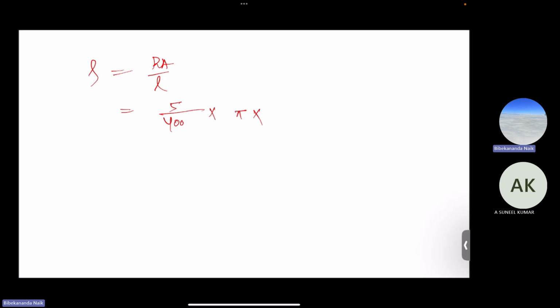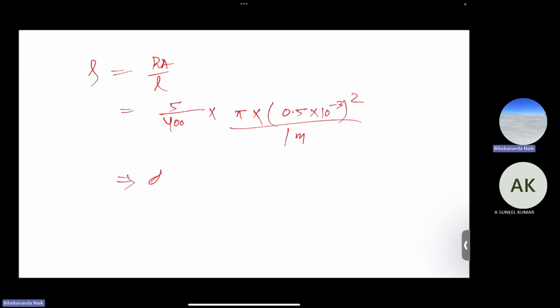So rho is Ra by L, that is 5 by 400 into A, where A is pi R square. Here diameter is 1 mm, so the radius will be 0.5 mm, so 0.5 into 10 to the power minus 3, squared, divided by L. L is 1 meter. If you calculate, it will give you resistivity.